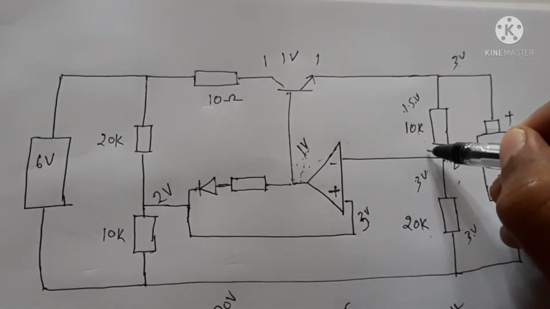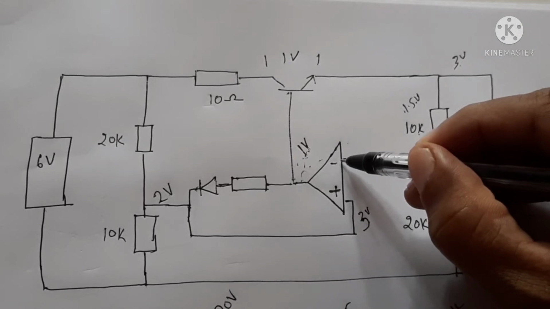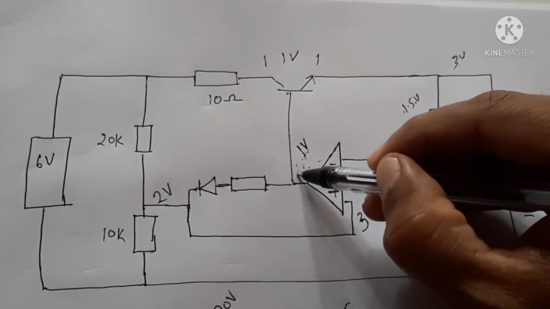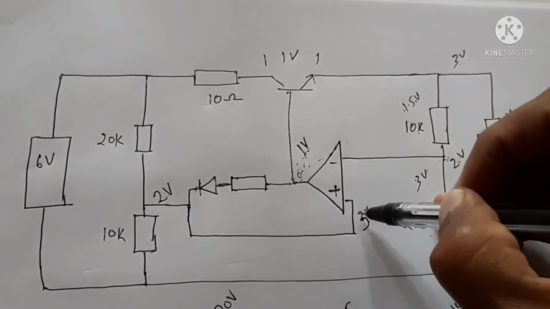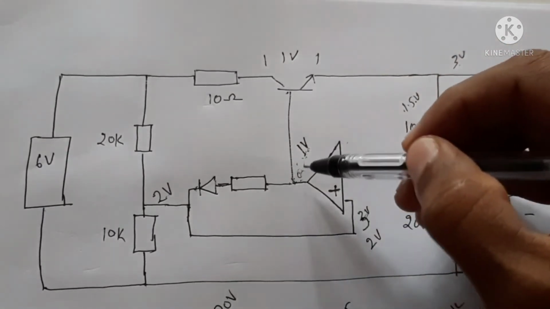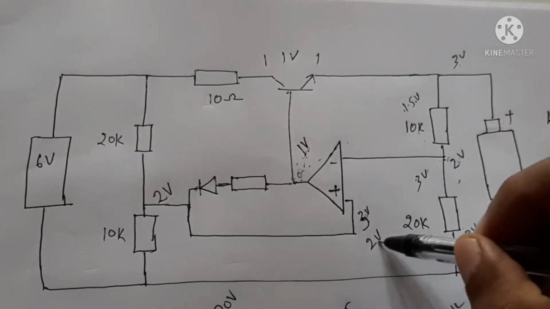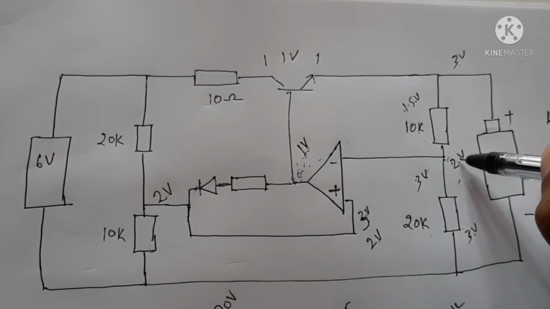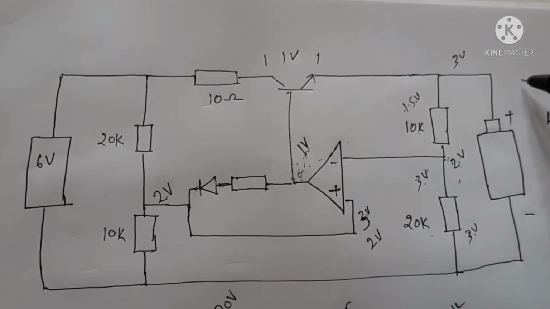When this point is more than 3 volt, this transistor will be off again. When the transistor is off, this reference voltage is reduced from 3 volt to 2 volt. The transistor will not be on until this point becomes 2 volt. Now the point is 3 volt, so in order to reduce this voltage from 3 volt to 2 volt, the battery has to be discharged.